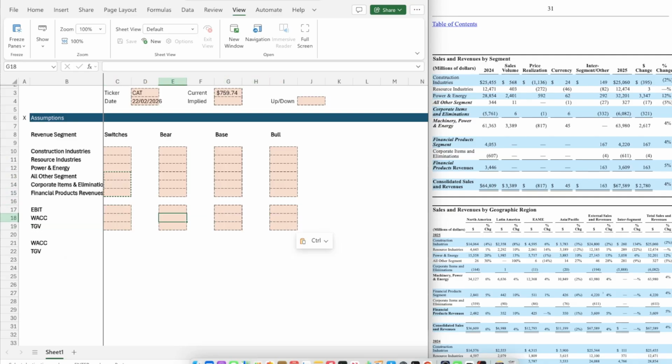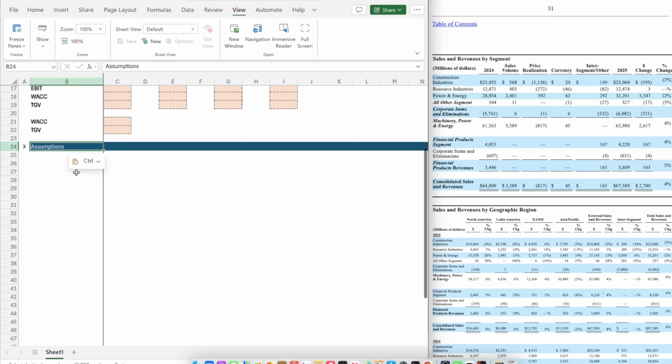It will be the revenue. So this is revenue. Start in 2023, 2023 plus 1.